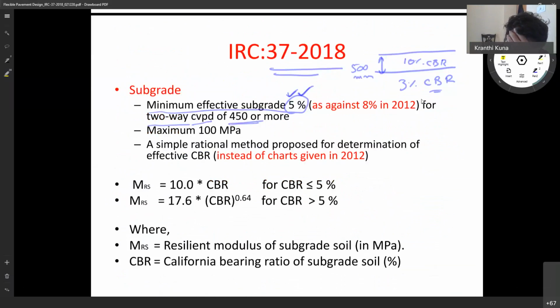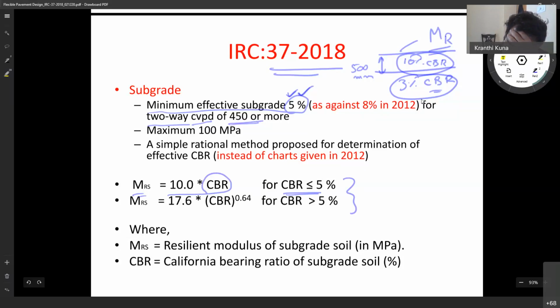So obviously, although I'm talking in terms of CBR, CBR is not the input that we need for the analysis. We need resilient modulus. So IRC 37 has given two equations on how we can convert CBR into resilient modulus. If your CBR is less than 5%, you multiply the CBR by 10.